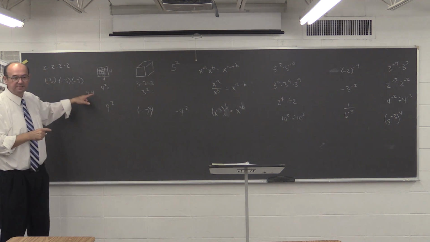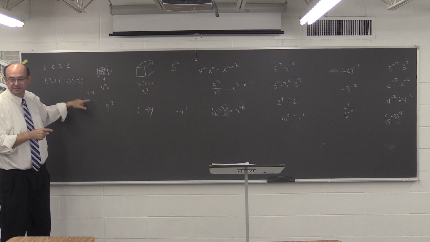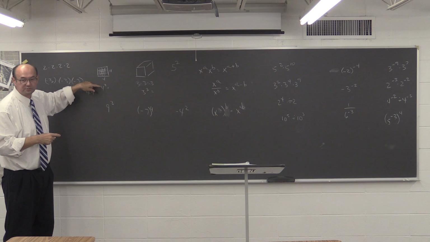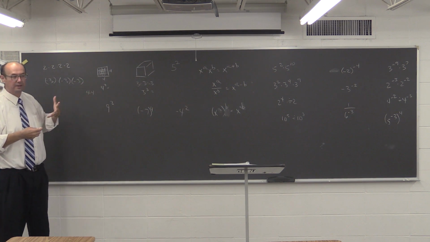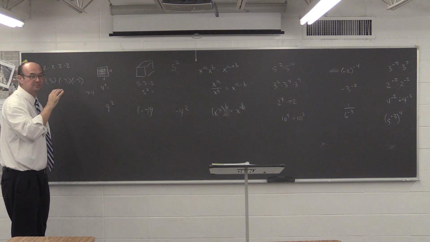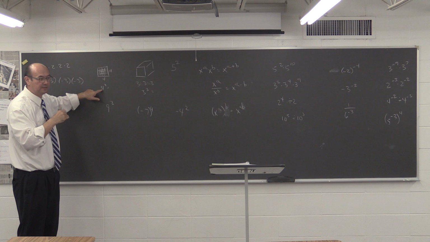When the base is the same, I can use the exponent to show how many times there is the base, right? So that means I've got 4 squared. 4 is the base, it's 2 times. So if I have 4 by 4, I just square it, and the exponent tells me how many times to multiply the base.